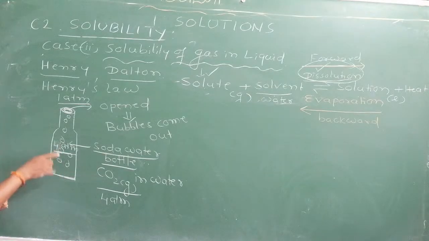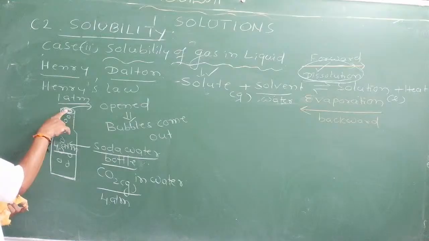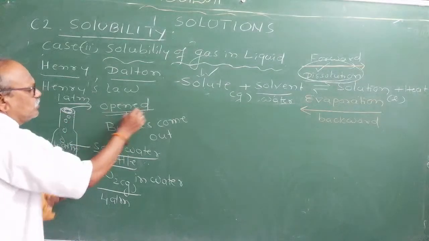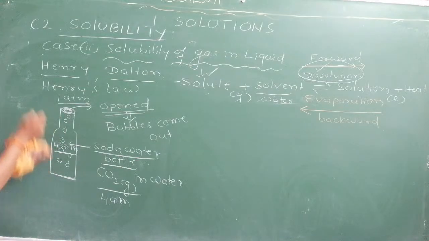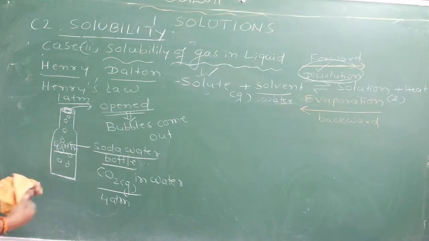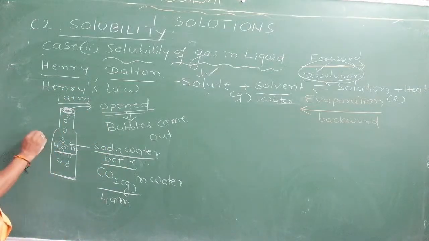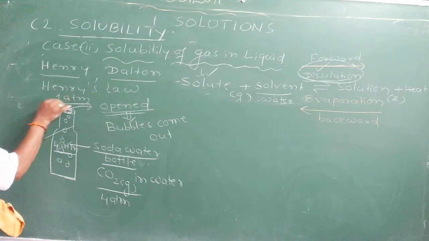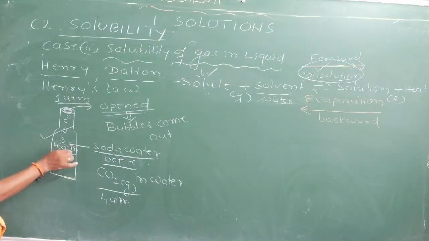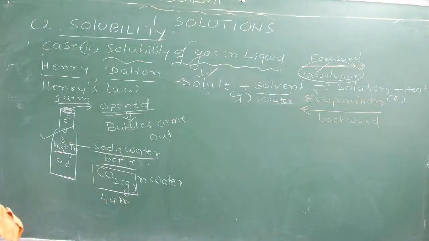You cannot observe bubbles before opening the soda water bottle using the opener. You open it, no? Then the bubbles start coming. Before bubbles start coming, you have to drink it so that whatever gases are formed are removed outside. Therefore, you are drinking soda water. Now, why it happens is that the external pressure is 1 atmosphere, while internally, under pressure, carbon dioxide will be in the dissolved state.